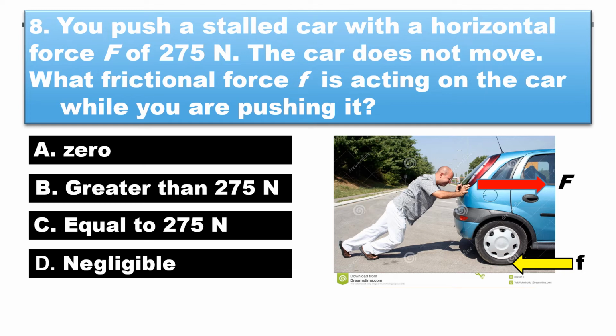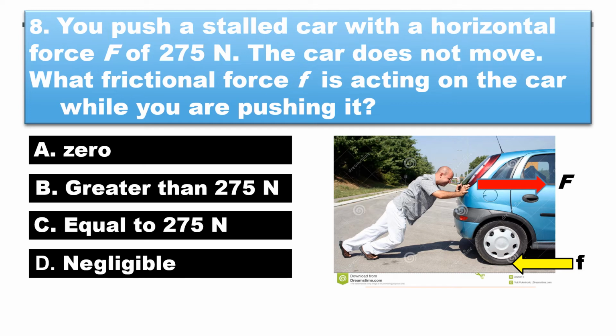This force of friction is exerted on the car, specifically on the wheels of the tire of the car. Now, the question is asking us to determine the amount of force of friction when the applied force, capital F, is given at 275 newtons.